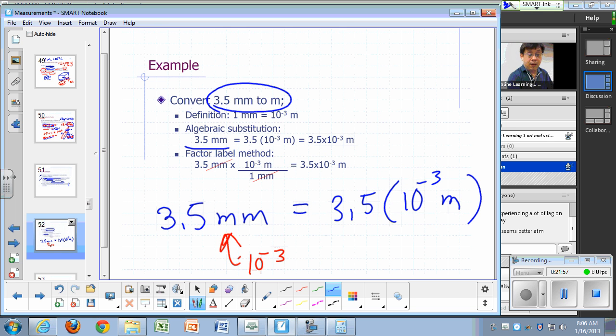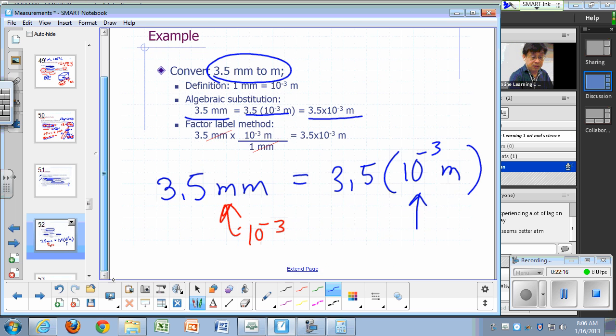Quick conversion right there. So that's a nice thing about SI units, those prefixes. You just replace them by the power of 10, and that allows you to convert whatever prefixed unit you have into the base unit, the unprefixed unit.